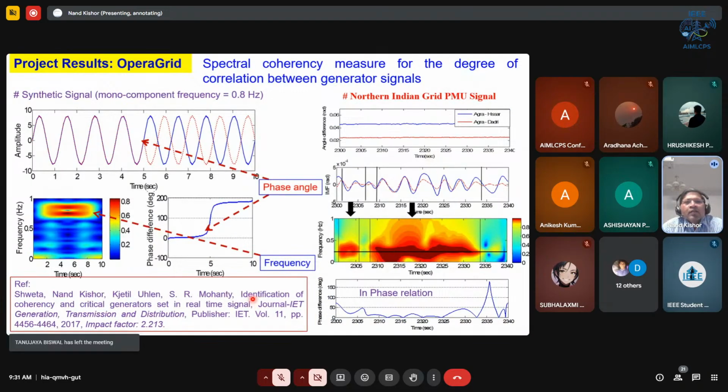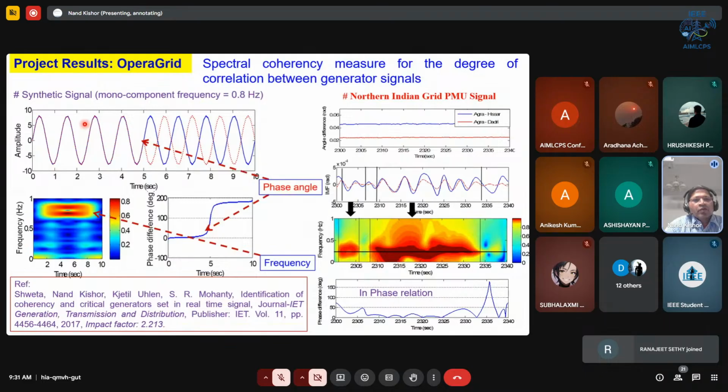Then another study was about the spectral coherency measure between the generator signals. Just to give you the conceptual methodology that we adopted, here you can see we have two synchronized signals, and at this point we have a phase shift of about 180 degrees at this instant, and thus with this we are able to show the oscillating frequency of the corresponding signal here.